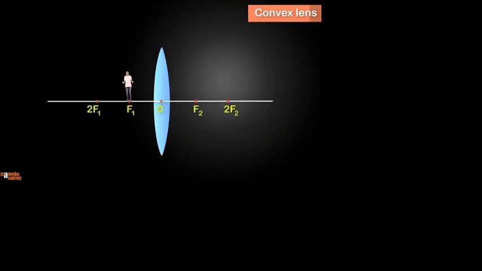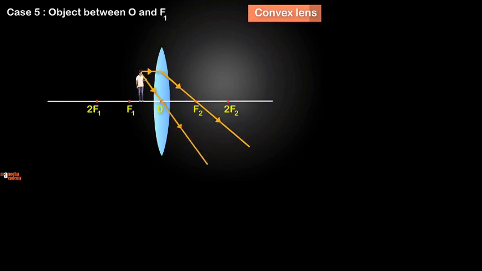Now let's look at the final case, where I move really close to the lens. So the object, that is me, is between the optical center and the focus of the lens. Let's use rule 1 and rule 2 to draw the light rays from the top of the object.